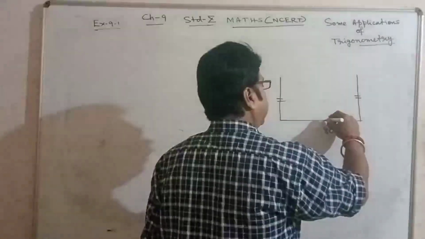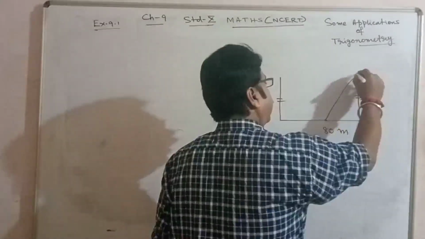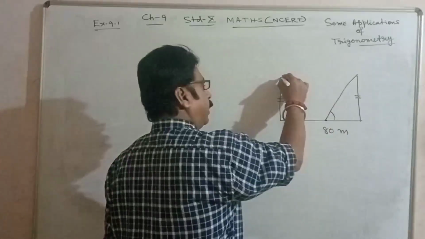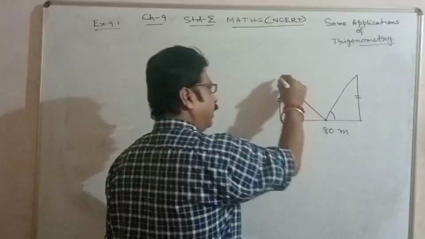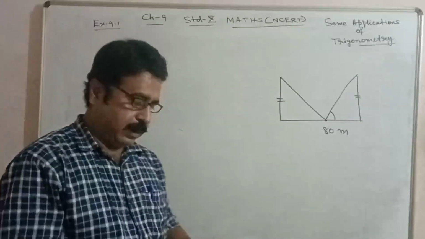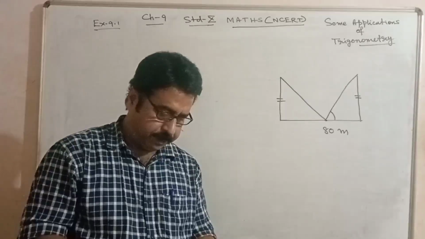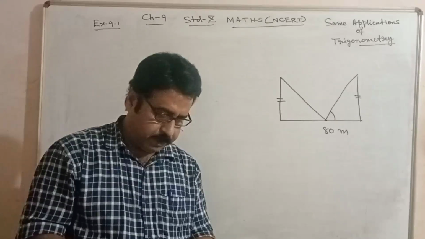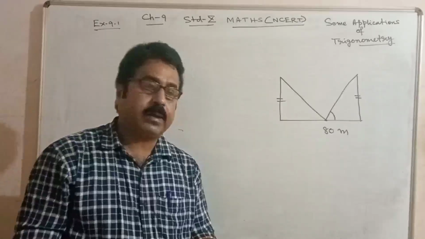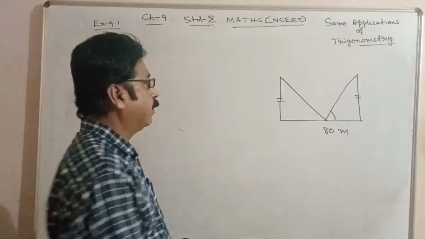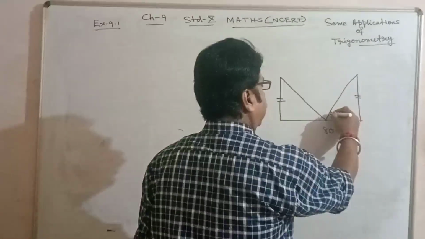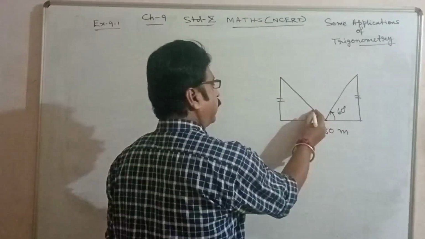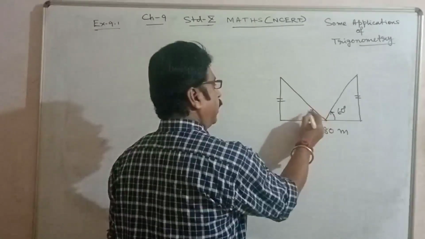For this pole, angle of elevation is given, and for this pole also angle of elevation is given. 60 degree and 30 degree. It is 60 degree, 30 degree.